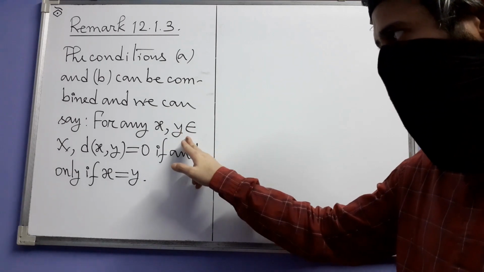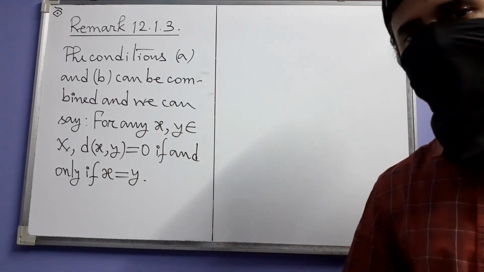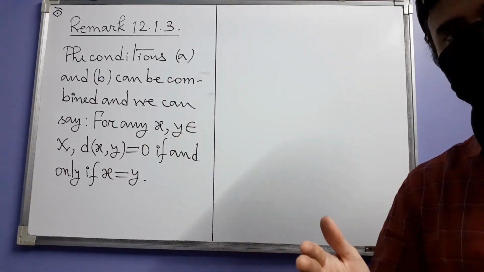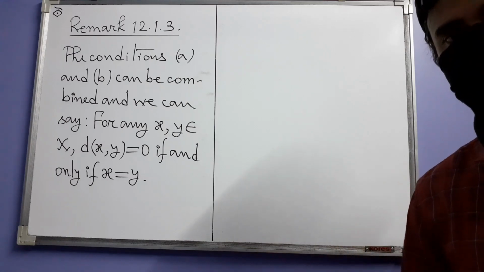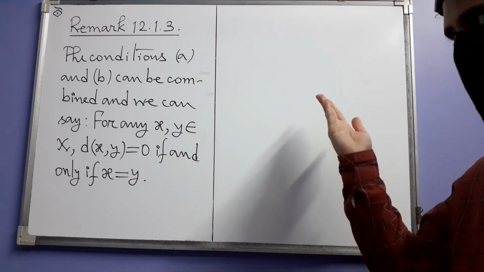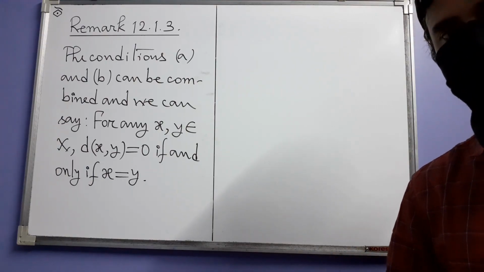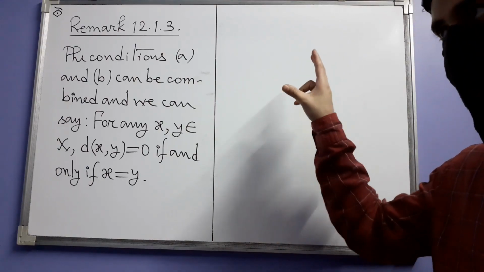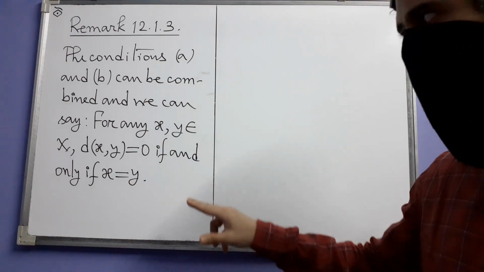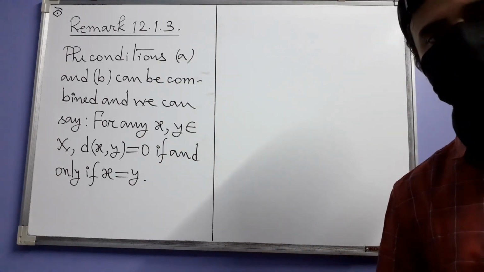For any 2 points x and y in X, the distance between them is 0 if and only if they are the same point. Going back to the original definition and seeing this condition, it's a very trivial exercise to see why those 2 are equivalent to this single one.